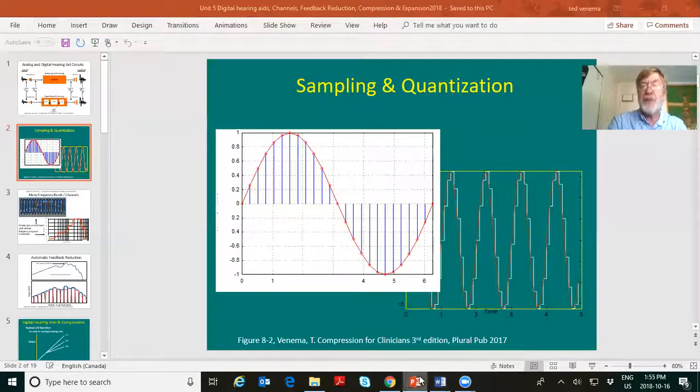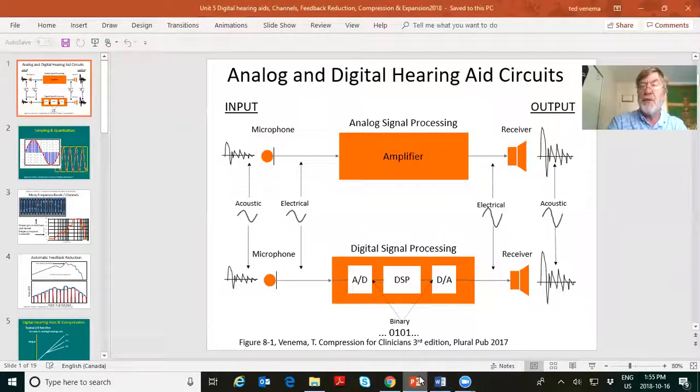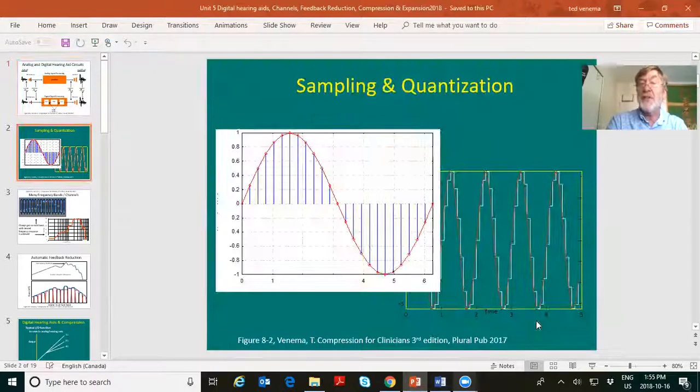And that's the picture that you're seeing here. DSP is the heart of the hearing aid. So know what A to D is, know what DSP is, know what D to A is, because all digital hearing aids have it. Don't worry so much about sampling and quantization. That's kind of more the story behind the scenes. I'm never going to ask about that.